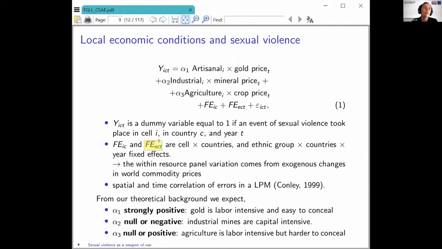So what are the armed actors present in a given ethnic homeland in a given year, or what are the local gender norms in that ethnic homeland in that given year, so we allow them to be time varying.